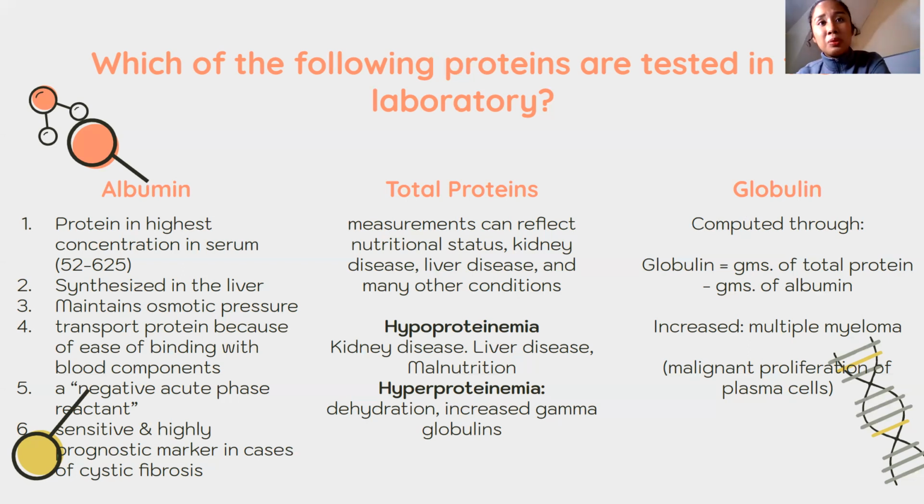So changes in albumin, pwede kang magka-edema, pwede kang magka-manas. And it is a prognostic marker for cystic fibrosis. So if there is good prognosis, yan, kung may chances of curing talaga or being treated. Yan, albumin.